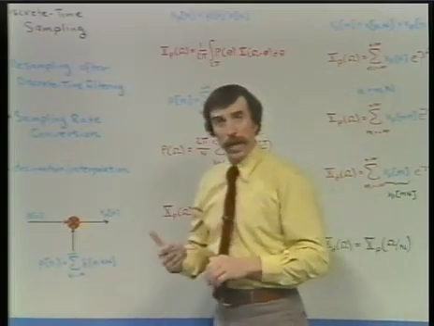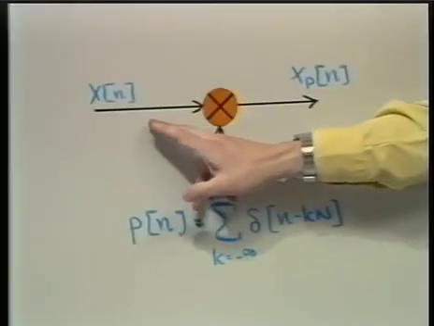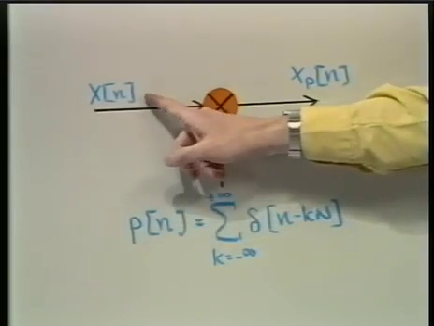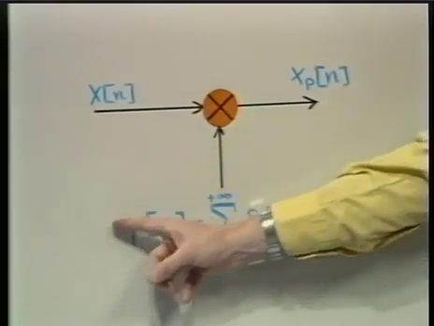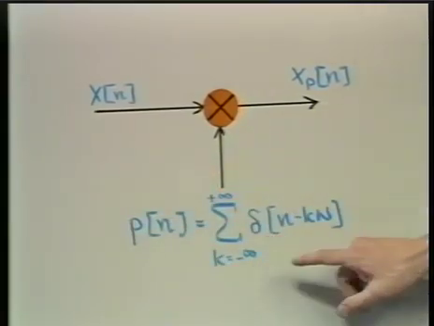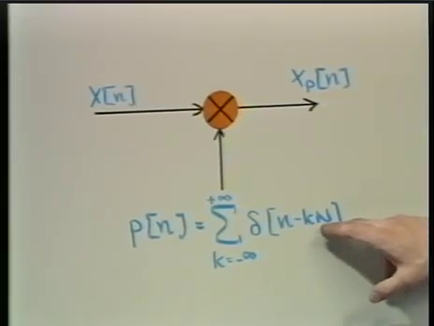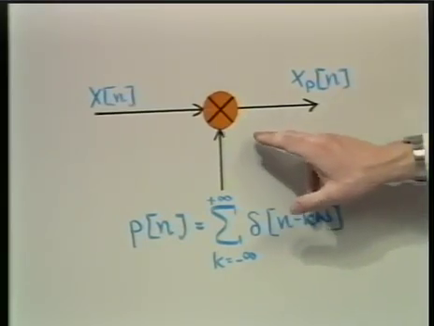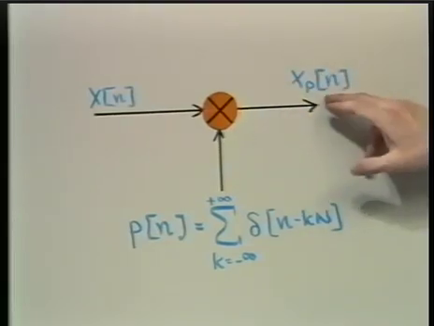So the basic block diagram for the sampling process is to modulate or multiply the sequence that we want to sample by an impulse train. And here the impulse train has impulses spaced by integer multiples of capital N. This then becomes the sampling period. And the result of that modulation is then the sampled sequence x sub p of n.